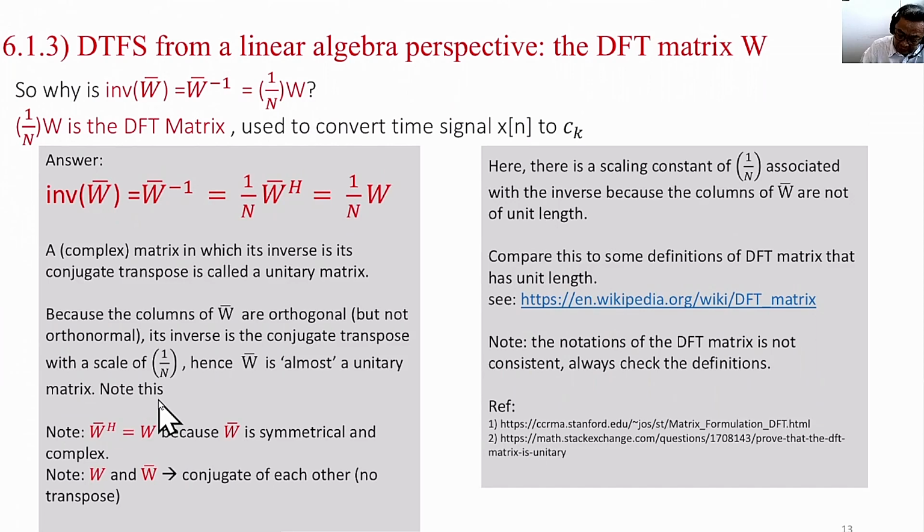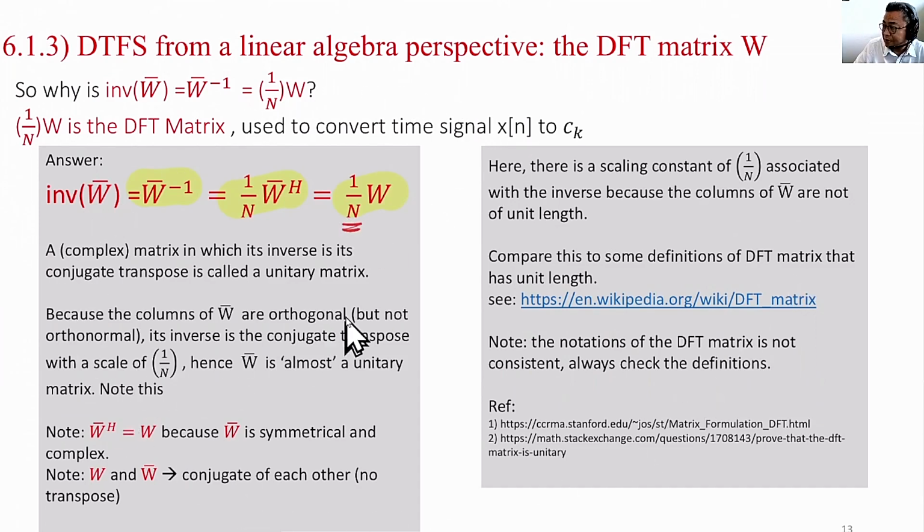The key idea is that the inverse of W bar is this equation over here, and because W bar is a symmetric matrix, the conjugate disappears when we apply Hermitian transpose, and the 1 over n is there because the columns of W bar are not normal.